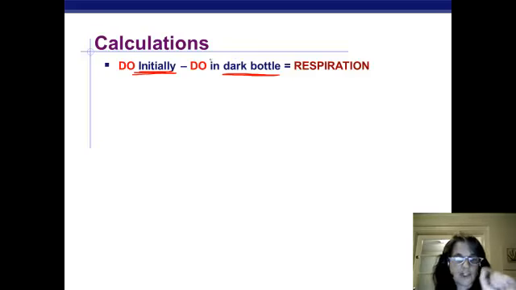No light was shining on it, so no photosynthesis could happen. The only thing that could happen in the dark bottle is that the organisms in there, little animals, even the plants, the only thing they can do is respiration because there's no light. So we take our initial reading minus the dark bottle reading, and that's going to tell us how much cell respiration was going on.